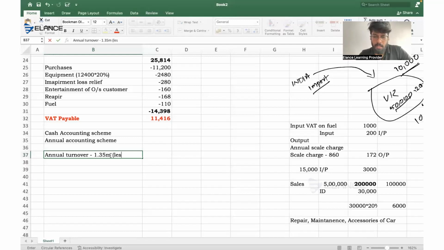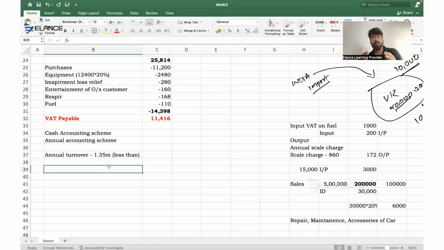If a trader's annual turnover is less than 1.35 million, they can join either scheme. It is the first criterion for joining any of the schemes.